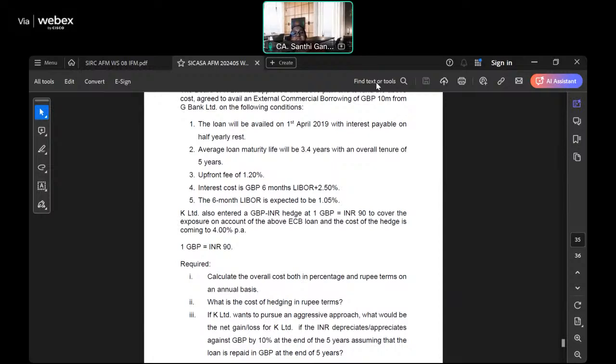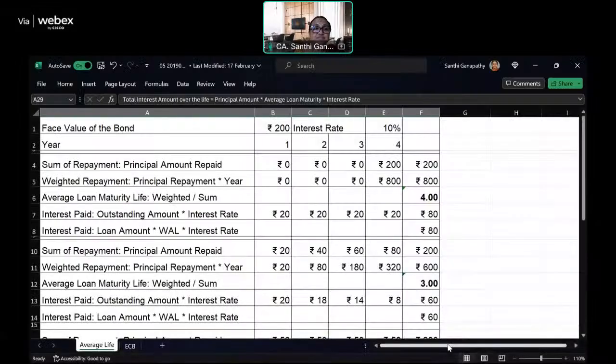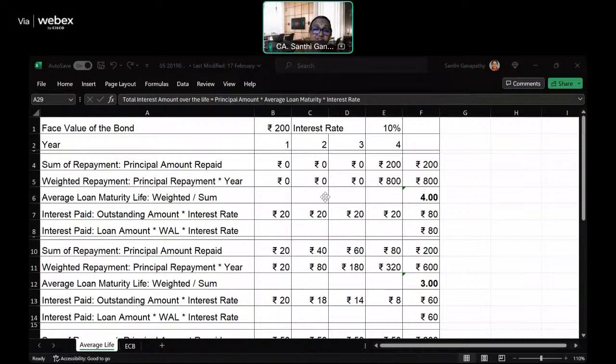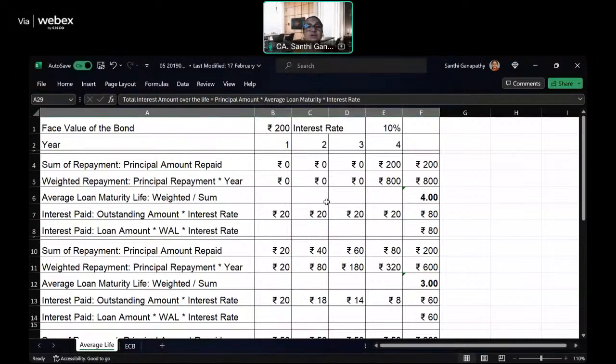Just to understand the concept of weighted average life, I am telling you how it is to be done. Then we can come to this problem. What is weighted average life? I'm taking a different situation. This has got no connection with this problem. I'm explaining to understand what is weighted average life.